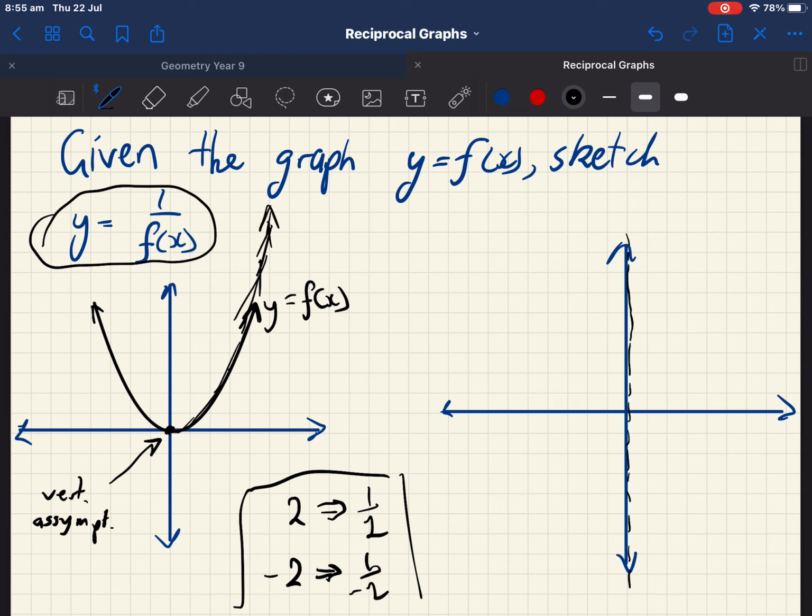The next point that we know is as f of x heads off to positive infinity, which is what I'm trying to show with those arrows there, the reciprocal will be 1 over infinity, which we know is 0, so it's heading off to 0. And this was a positive infinity, so you're heading down to 0 from the positive end.